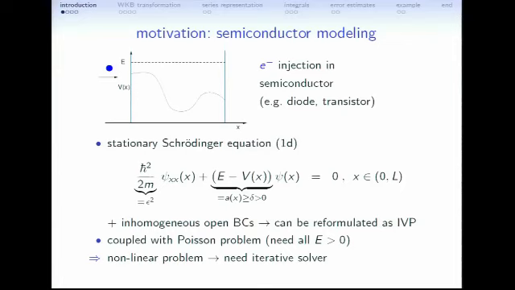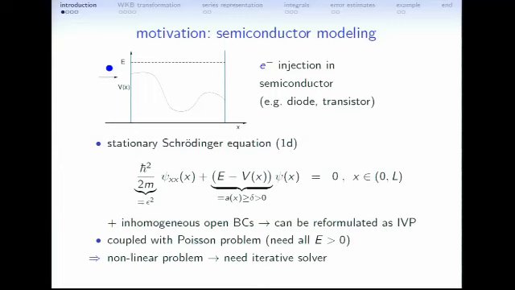Here I've written it down in the unscaled version. H bar is the scaled Planck constant, m is the effective mass of the electron within the device. In order to close the system, we have to use some boundary conditions, and here we use so-called inhomogeneous open boundary conditions, or something that appears as impedance boundary conditions.